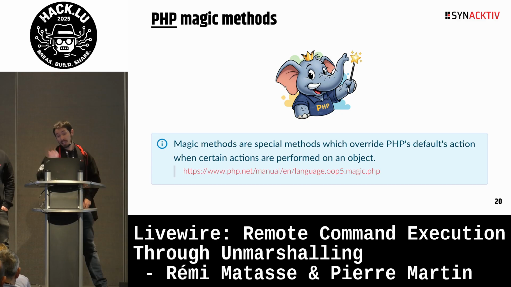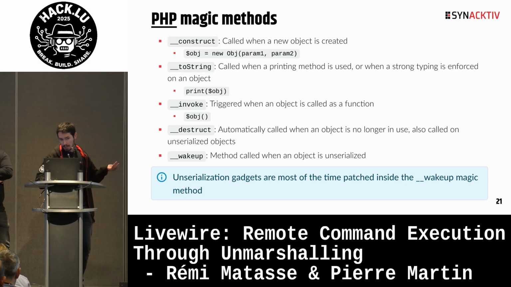According to the PHP main documentation, magic methods are special methods which override PHP's default action when certain actions are performed on an object. To put it in simple words, they are actions that will be triggered during a PHP object's lifetime. There are several of them. The most common one is the constructor. It's the same as in other languages such as Java or C#.